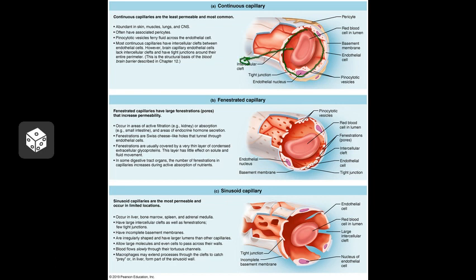Substances can move out and into the bloodstream. Pericytes are interesting. They are not as closely studied as a lot of other cells, but one thing is true. There's a little actin in pericytes, so there are contractile fibers. And pericytes can contract and help influence the size of a capillary.